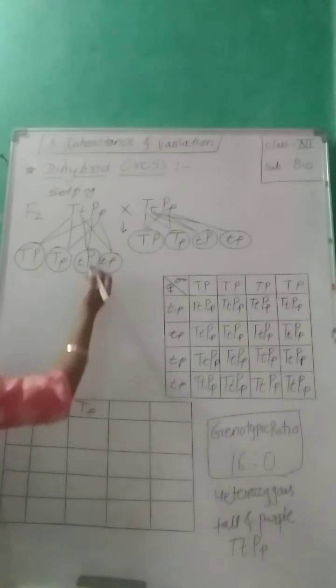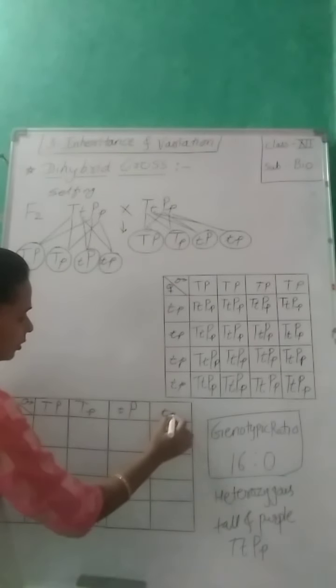Dominant first: capital T, capital P; capital T and small p, for dwarfness; small t and capital P, since purple is dominant; and here both are recessive, small t and small p. The same we write on the other side.